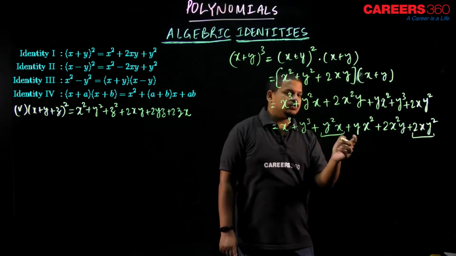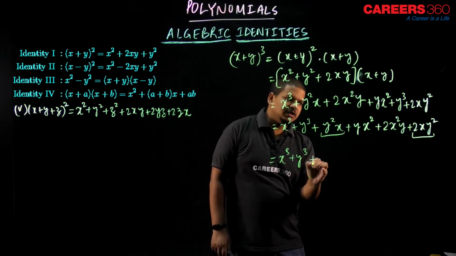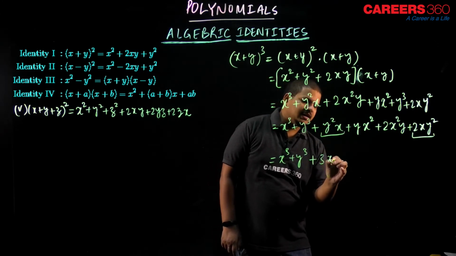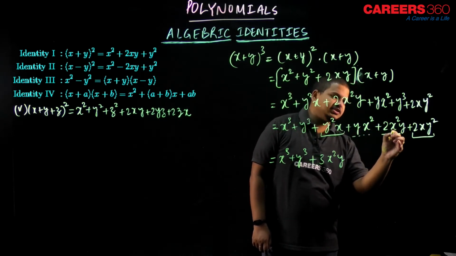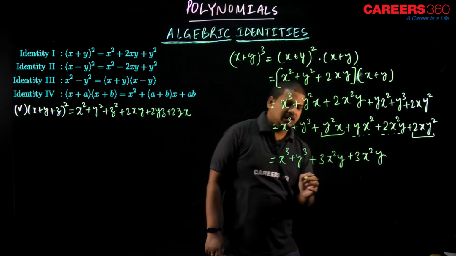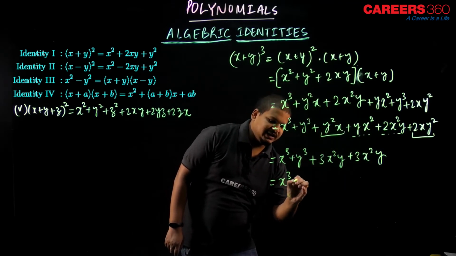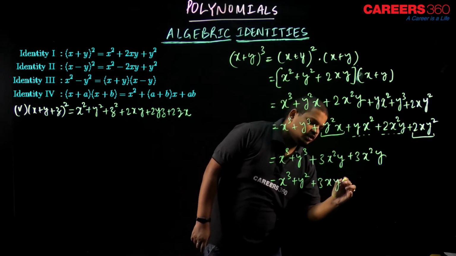Over here y square x and y square x, these two can be added, x cube plus y cube plus 3x square y, and this expression and this expression can also be added. So this will become 3x square y, and finally I can take 3xy common.